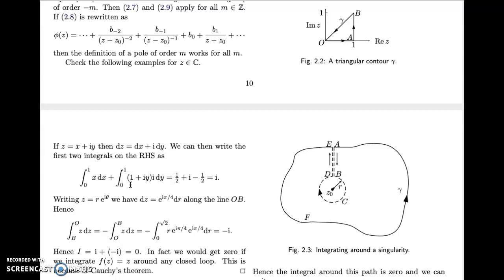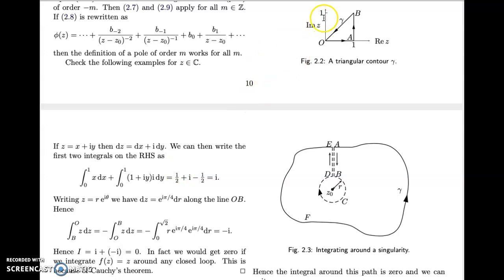That just gives you i times y, and evaluating between the limits 1 and 0, that just gives you i. And you've also got minus y dy, so that gives you minus a half y squared, which between limits gives minus a half. So overall, we end up with i for the integral from here to here.